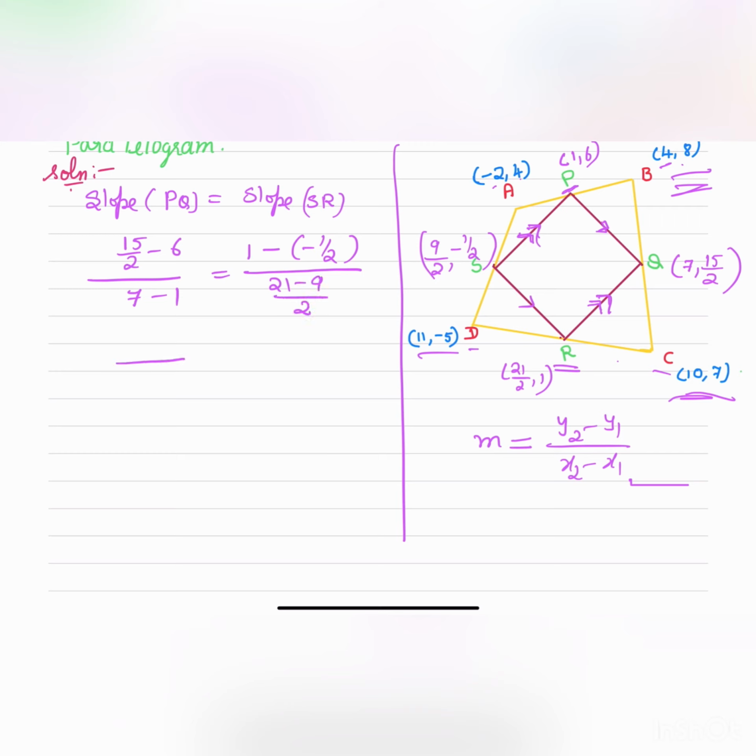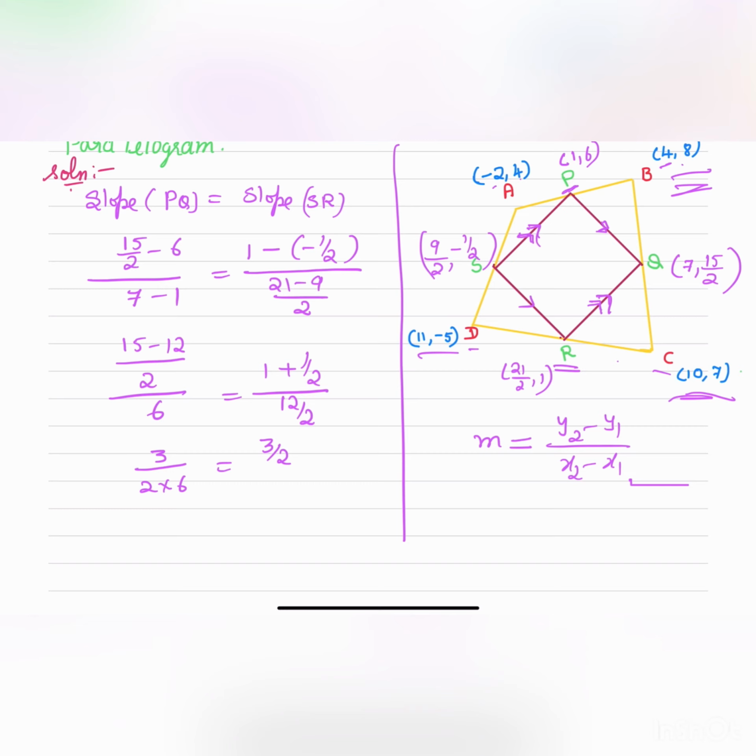Now the LCM is 2, (15 - 12)/2 divided by 6 is equal to (1 + 1/2) divided by 12/2. And this is (3/2) into 6 is equal to 3 and a half it will be.